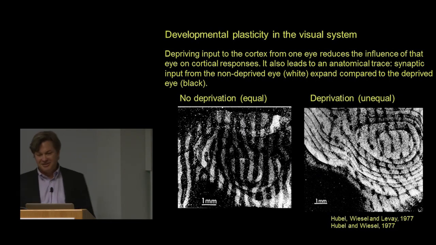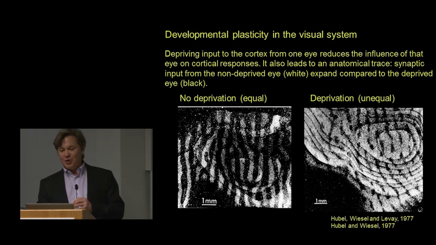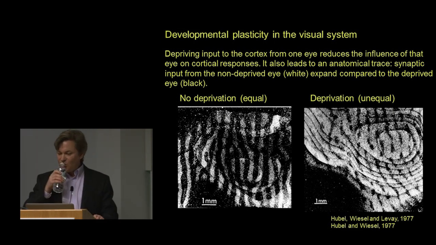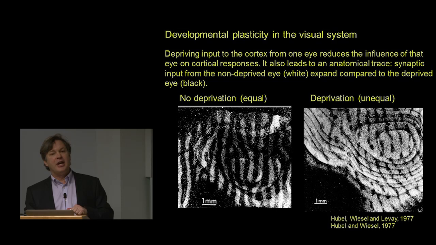Here's a less poignant story from the work of Hubel and Wiesel. Starting really in the early 60s, very soon after they did their receptive field work in the cat and then the primate visual cortex, they began the series of experiments that really won them the Nobel Prize, the series of experiments on developmental plasticity in the visual system.